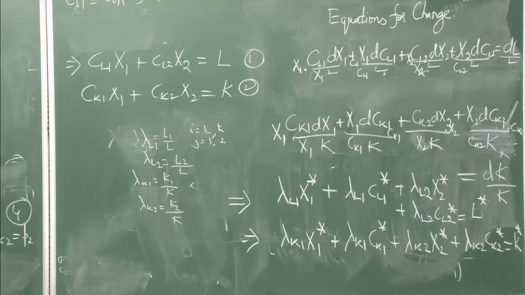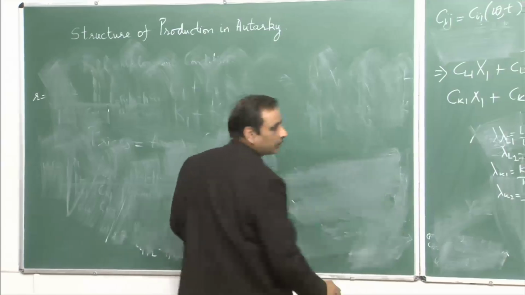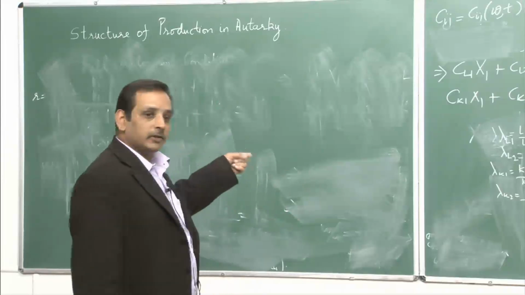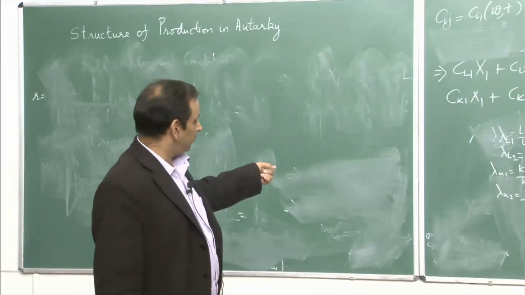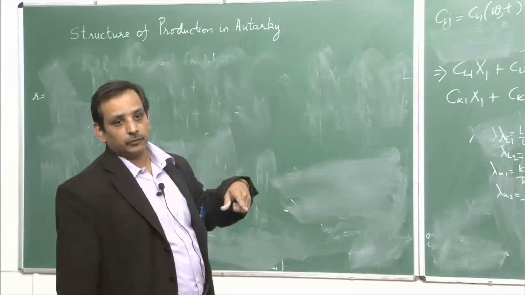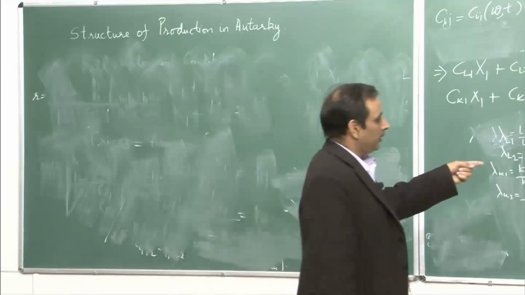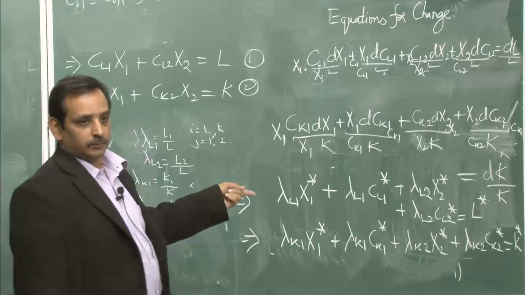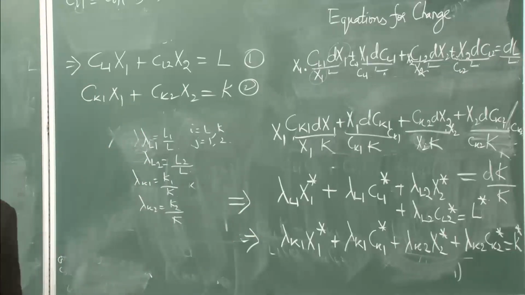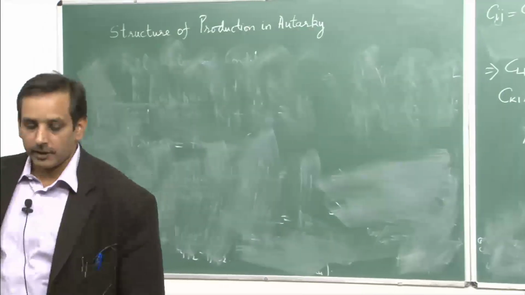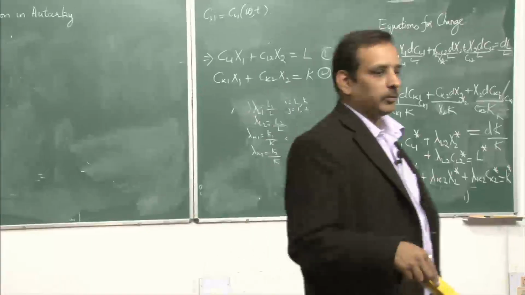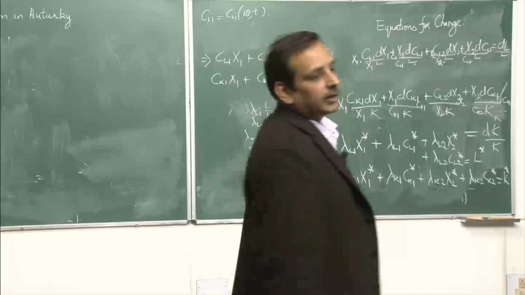Right. So, we will work on equations 3 and 4 also similarly, the equations of change. If you work on these, you will finally prove the Stolper-Samuelson and Rybczynski theorems. In fact, if you have read about linear programming, there is a primal problem and a dual problem. These two are related in that way.